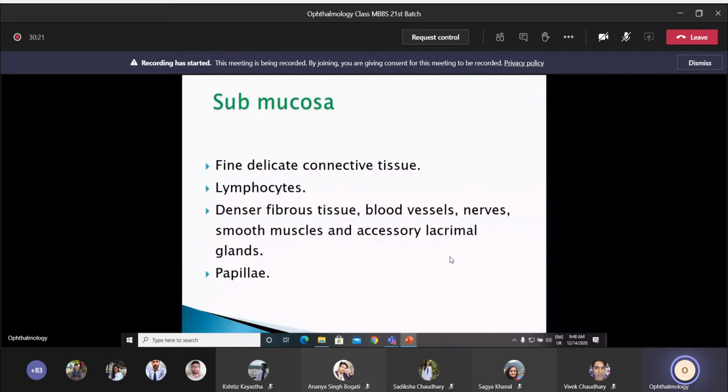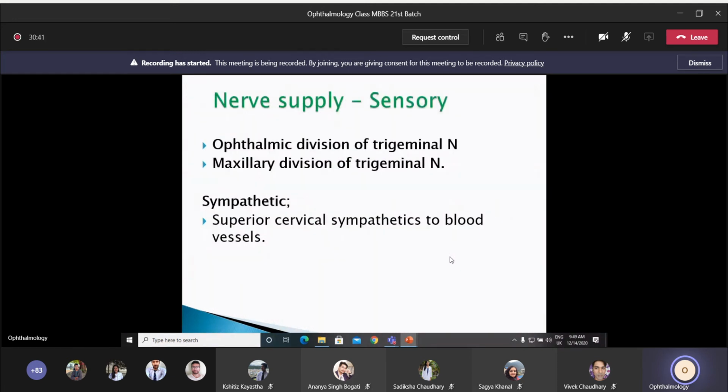Okay, so in the submucosa, you have to remember the presence of connective tissue, lymphocytes, fibrous tissue, blood vessels, nerves, smooth muscles, accessory lacrimal glands, and also papillae.